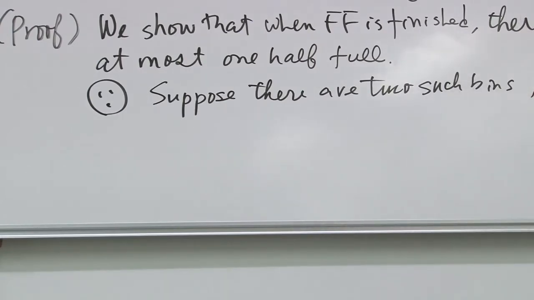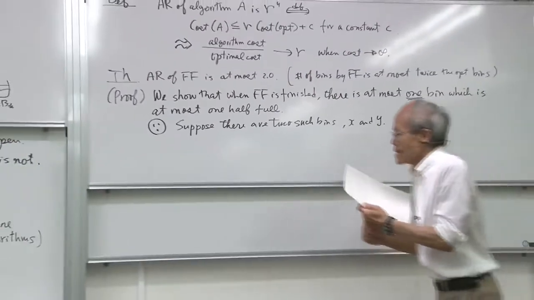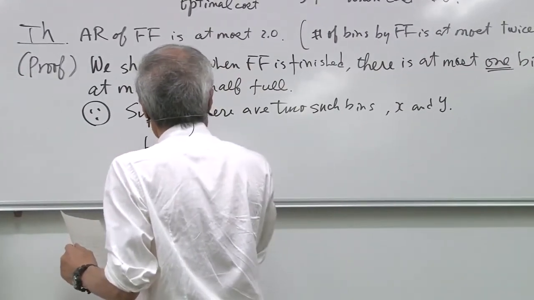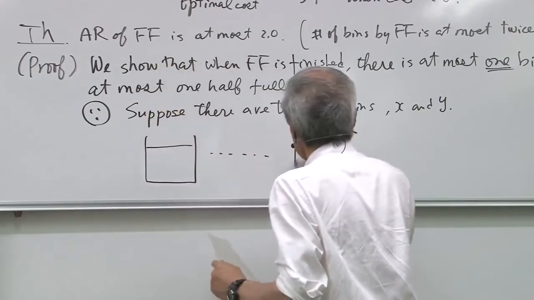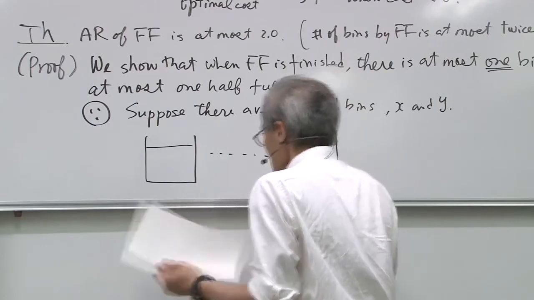For contradiction, suppose that there are two such bins after we finish. Such bins means at most one half full. So we have open bins.